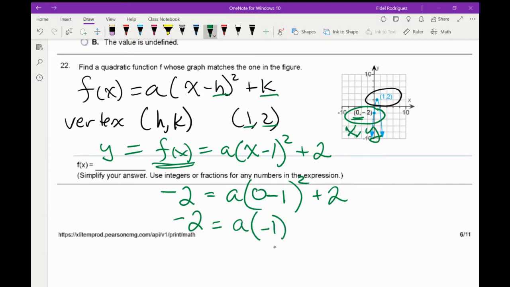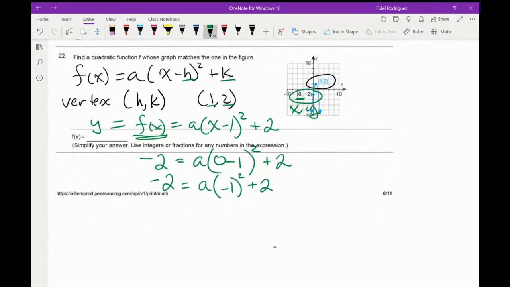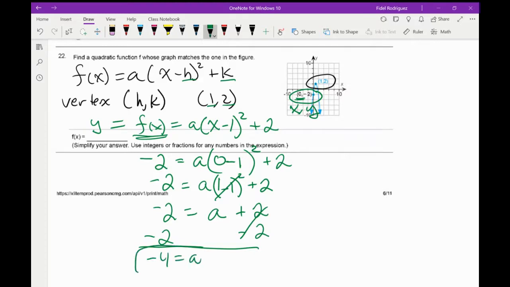So 0 minus 1 is a negative 1, but it's going to be squared, plus 2. And so here I have -2 = well, (-1)^2 is actually a positive 1. And 1 times a is just an a, plus 2. I'm going to go ahead and subtract 2 on both sides. Those are going to cancel. -2 minus 2 is -4, so -4 = a.